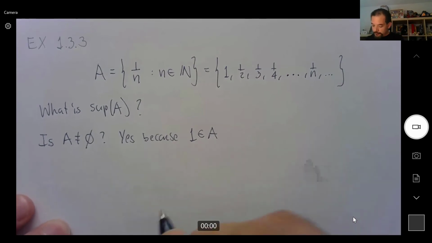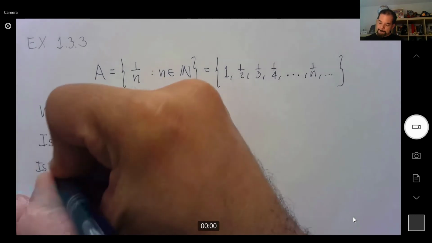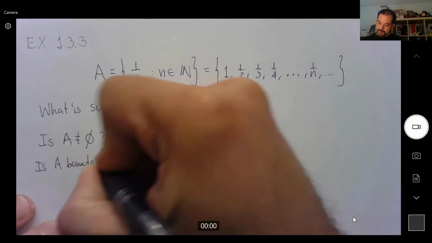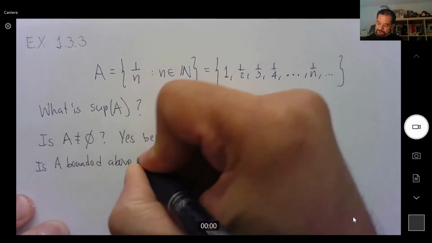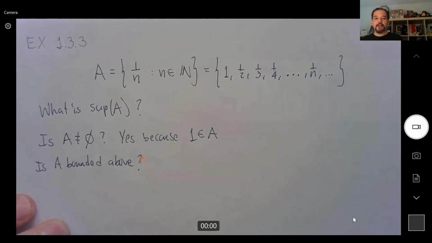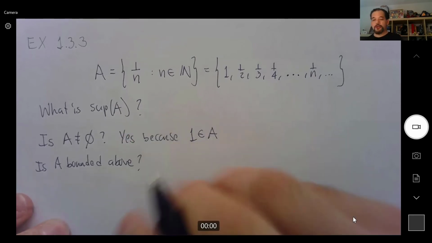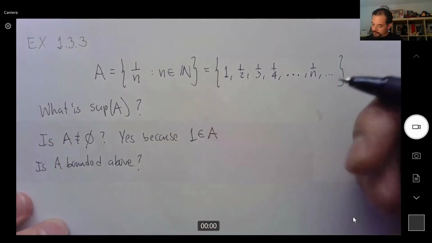Is it bounded above? Is there an upper bound to this set? Is there a number that is bigger than all the numbers? 1, yes. 1 works. But you could have picked another one, like I'm going to pick 10.